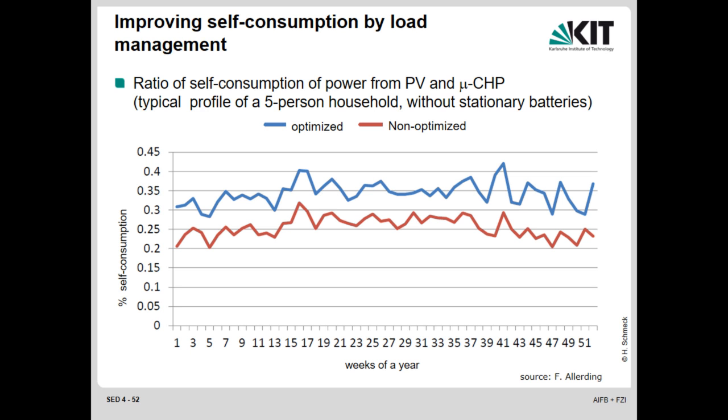So this just shows you that just by using the flexibility of appliances and controlling the combined heat and power plant, not just based on the heat demand, but also on the electricity demand, we can improve the situation.